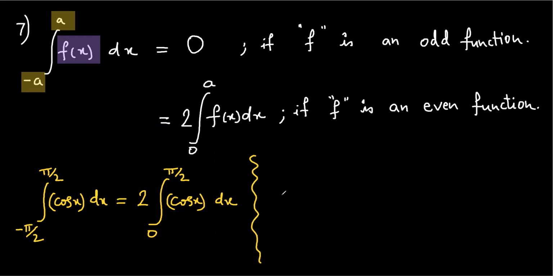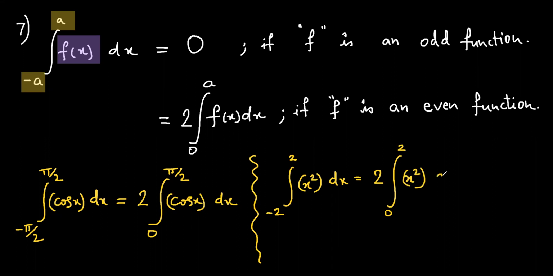I write one more example. If I have negative 2 to 2 x squared dx, then this could be written as 2 times 0 to 2 x squared dx. Minus 2 to 2 becomes 0 to 2. Don't forget that it is 2 times 0 to 2.